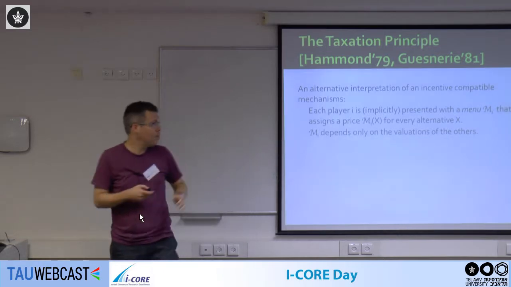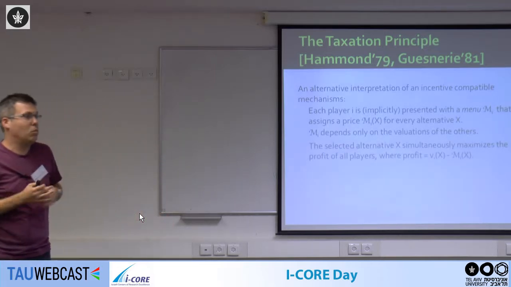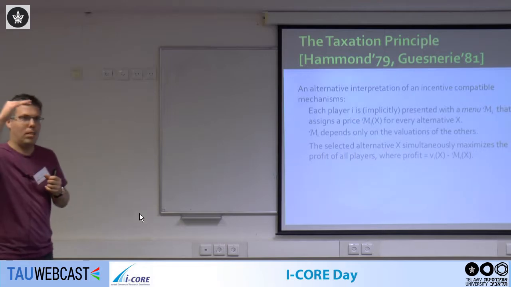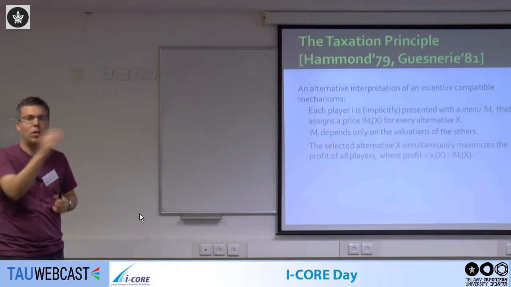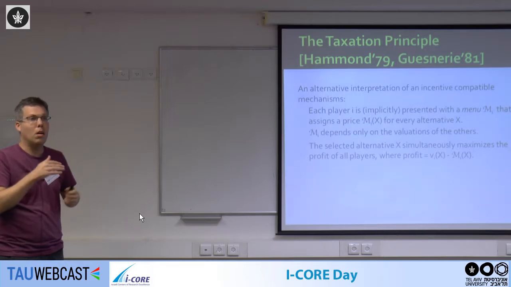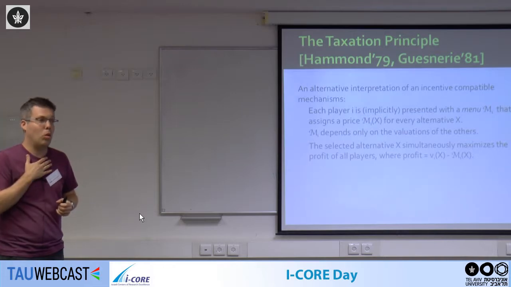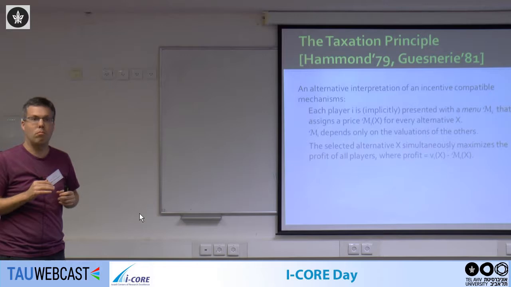the other bidders. Okay? And the magic in an incentive-compatible mechanism is that each player sees a list of prices that does not depend on his own valuation, but only on the valuations of the others. But each player chooses the alternative that maximizes his own profit. Somehow all the players simultaneously agree on the same alternative.